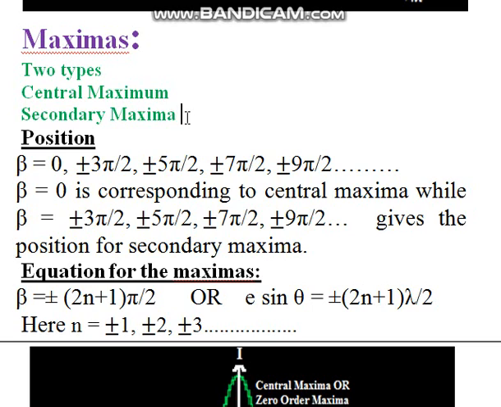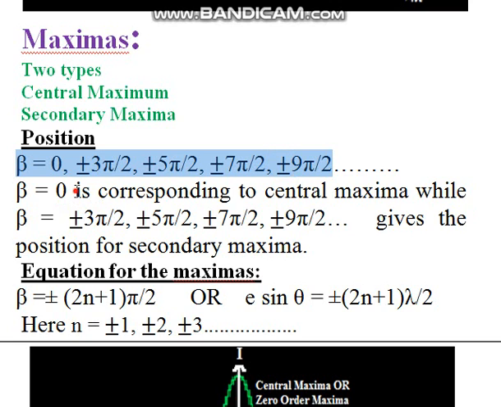We plotted the graph and tried to find the intersection points. The approximate values of the intersections of the two graphs y is equal to beta and y is equal to tan beta give us the values 0, plus minus 3 pi by 2, plus minus 5 pi by 2, like that.